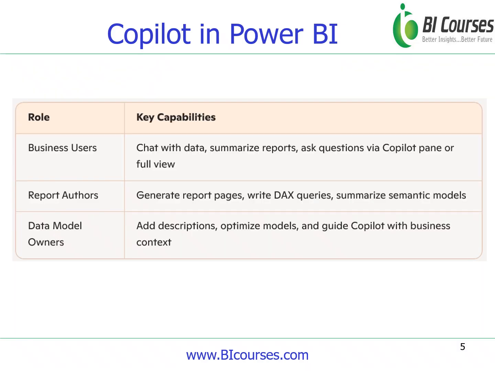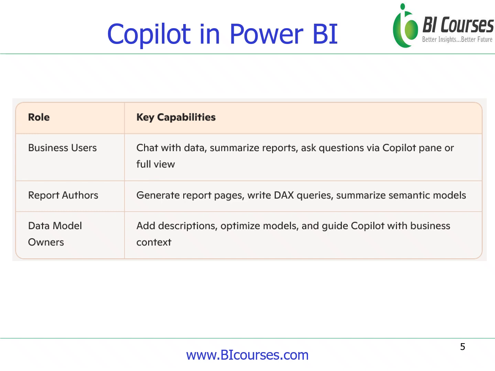Let's also understand how and what one can do with Copilot, which is governed by who is holding what role in terms of Power BI. If there is a business user who just has access to a report or underlying dataset on Power BI service, that person would be able to query the data, generate visuals on the fly, and ask questions.